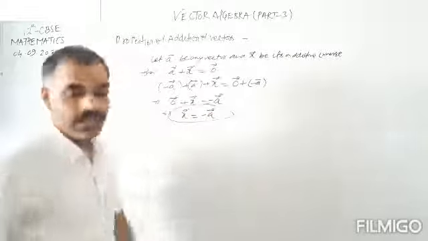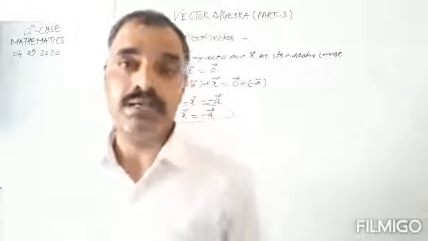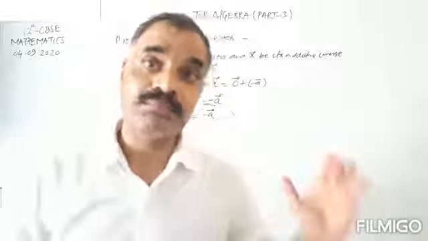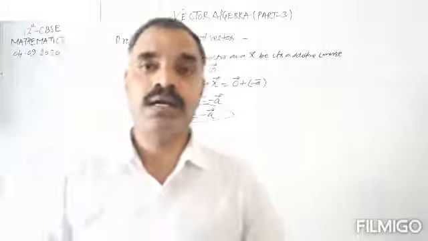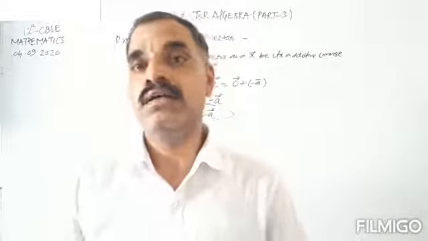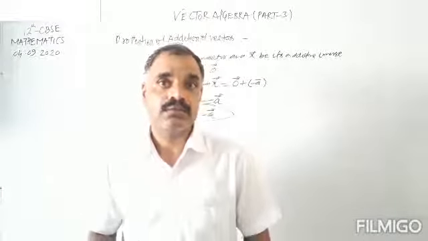Okay, so the additive inverse of any vector A vector is minus A vector. Okay, minus A vector is the additive inverse. So these are the 4 properties of addition of vectors.